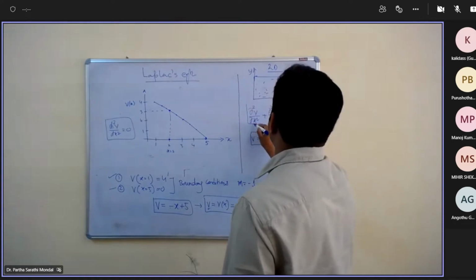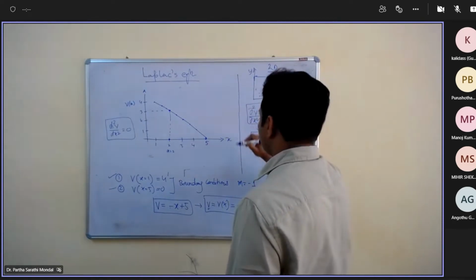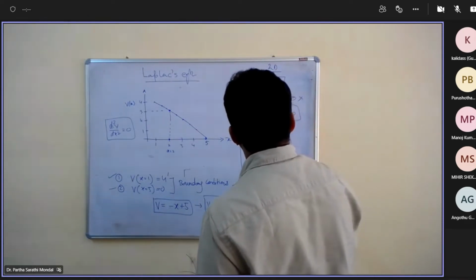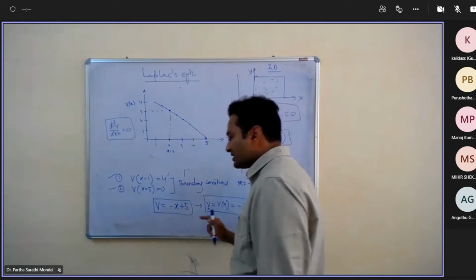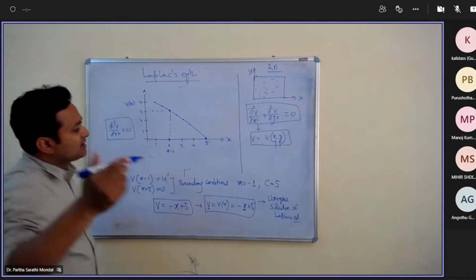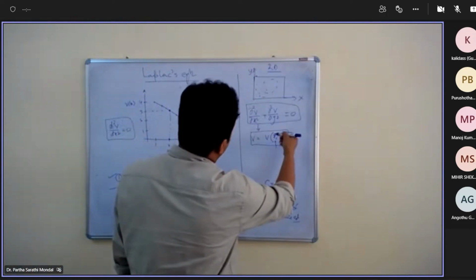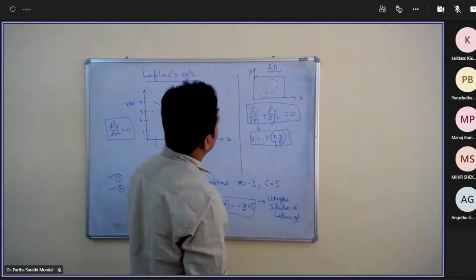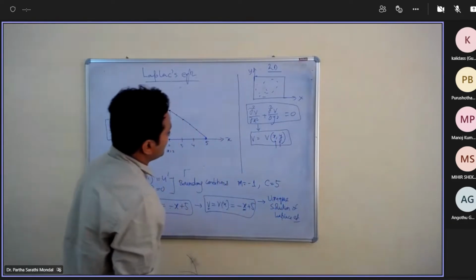So we have to deal with partial differential equations, and this uniqueness problem is related only to partial differential equations. Now we have to discuss the uniqueness theorem for boundary conditions.